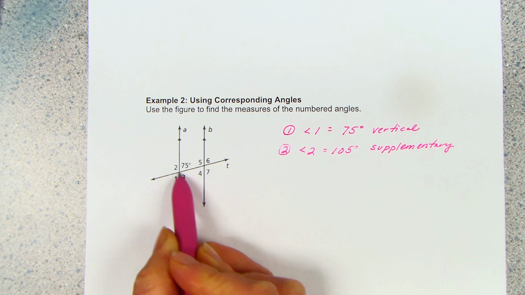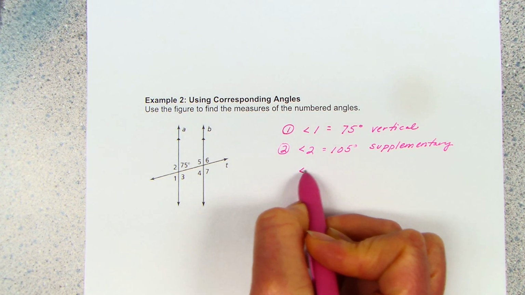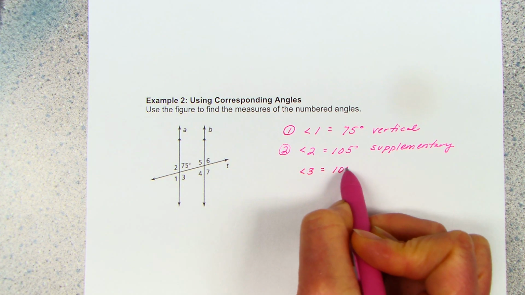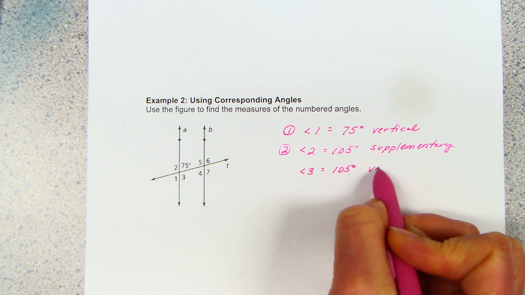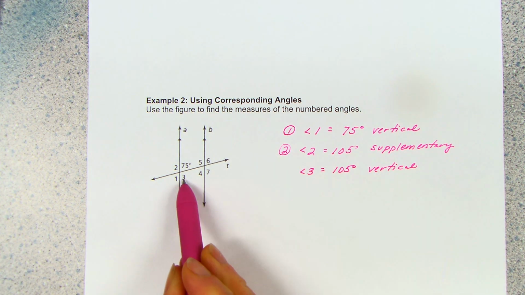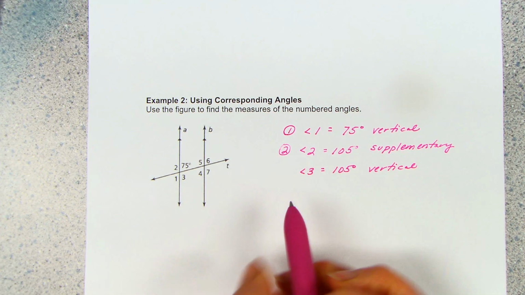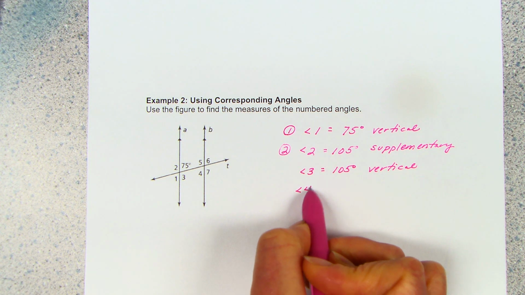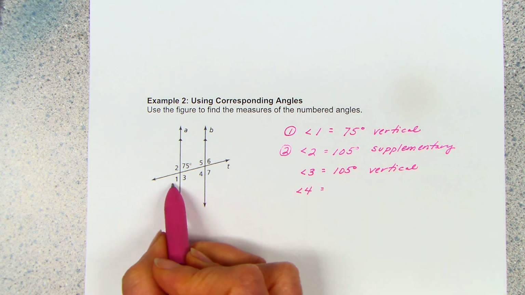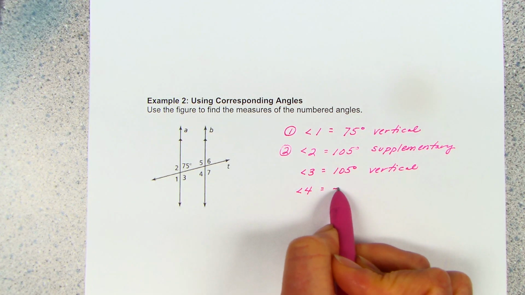And then angle 3 is vertical to angle 2. And then let's see, angle 4. Angle 4 is corresponding to angle 1, so it must be the same as angle 1.